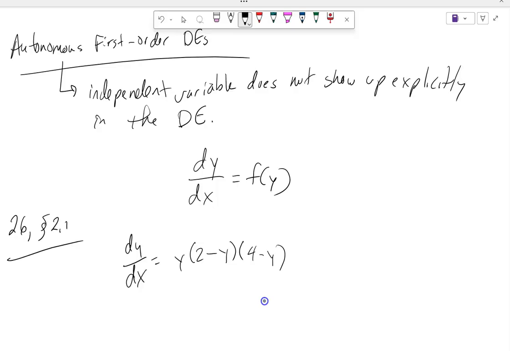Again, to find the equilibria, you're looking for when the derivative is 0. When is the derivative 0? What values of y make the derivative 0? Yeah, y is 0 and 2 and 4. Good.